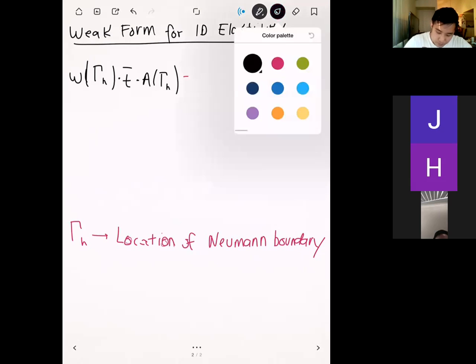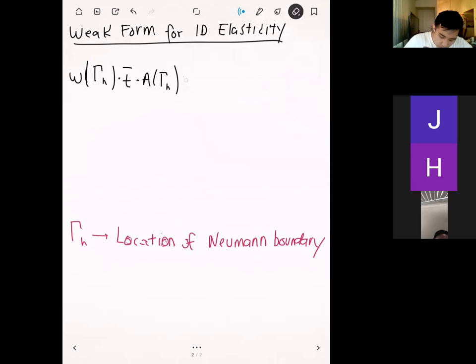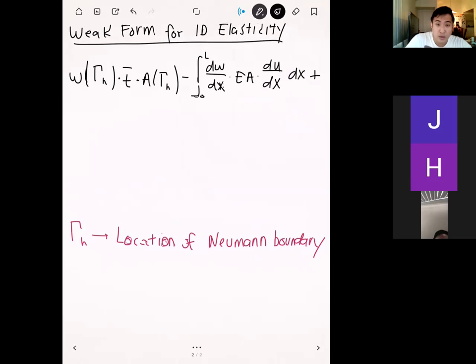Okay. And then from there, we're going to subtract our balanced derivative term. So we have minus the integral from 0 to L of dw/dx times E times A times du/dx dx.